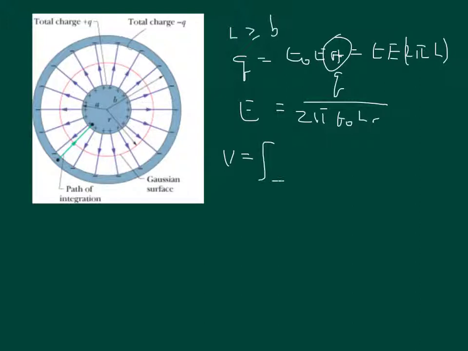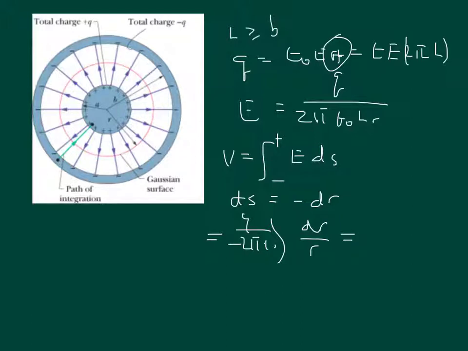Electric potential equals the integral from negative to positive of E ds. In this case, since we're integrating radially inward, ds equals negative dr. And this integral equals the integral of negative Q over 2 pi epsilon naught L, dr over r. And this gives us Q over 2 pi epsilon naught L times ln b over a.